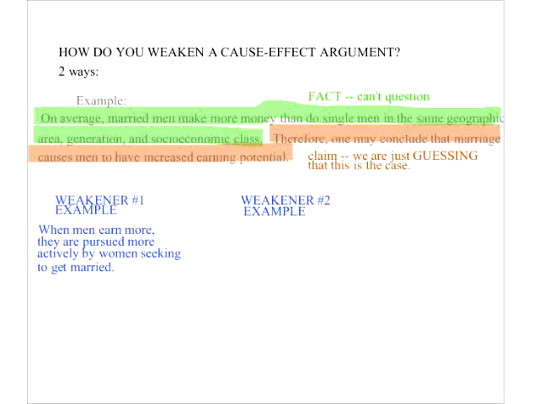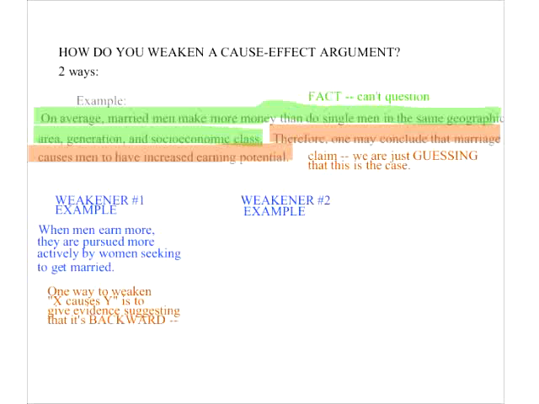So, what's going on here is one way to weaken X causes Y is to give evidence suggesting that it's backwards.